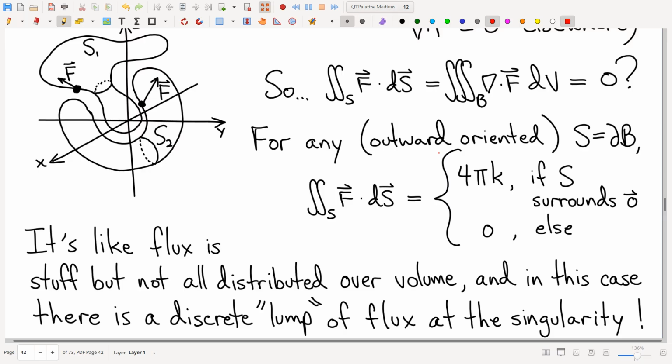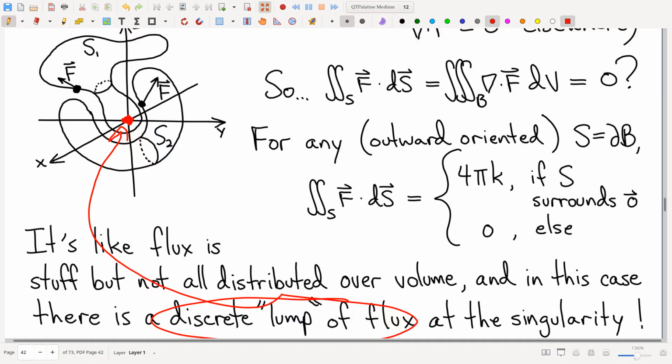The only thing we have to do to fix this is to acknowledge that in this case we have stuff that's not distributed over volume. Here we have a discrete lump of stuff right there at the origin, a point lump in the amount of 4 pi k. That's how much of that lump of flux there is at the origin. And now everything works fine.